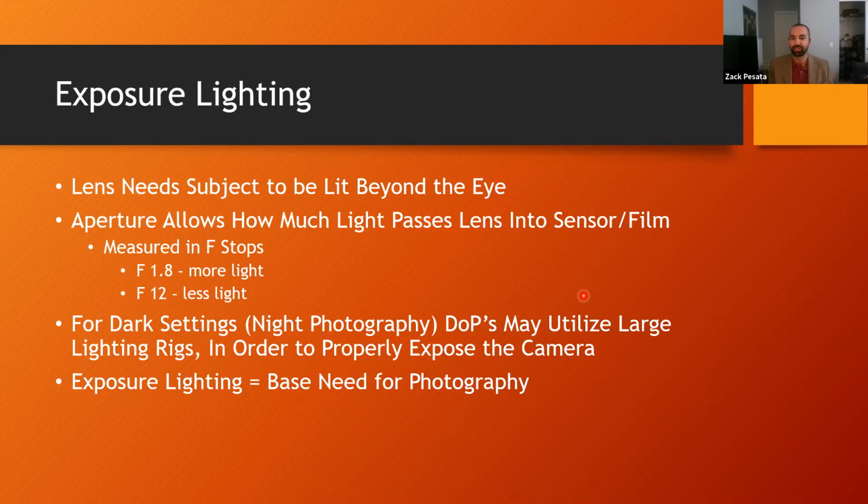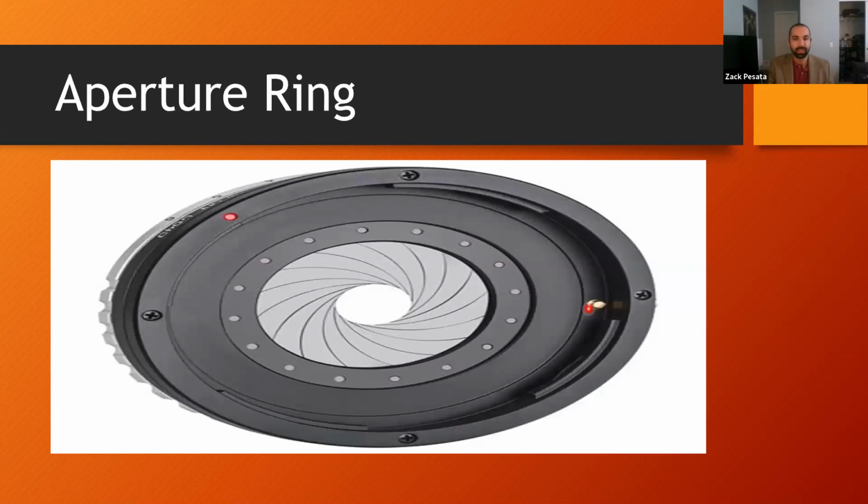So exposure lighting is just a base need for photography that we rarely recognize, but I just want you to understand that even for the most basic lighting setups, there's a lot of strategic lighting going on. This is just another aperture ring. I already showed you this before.